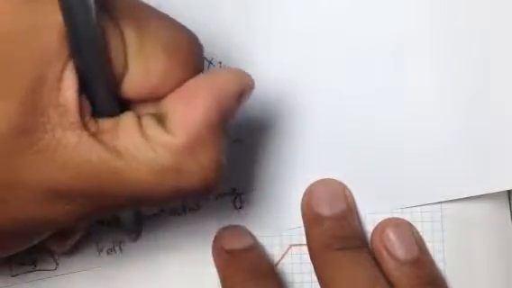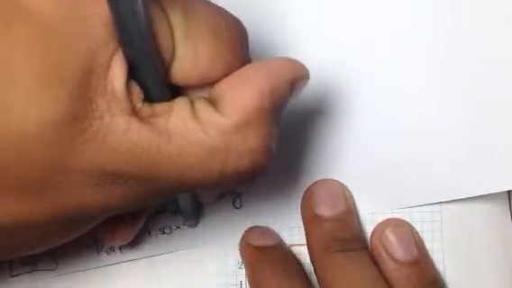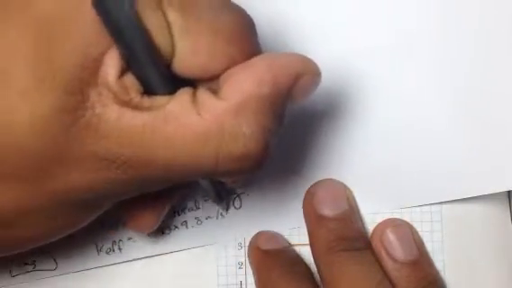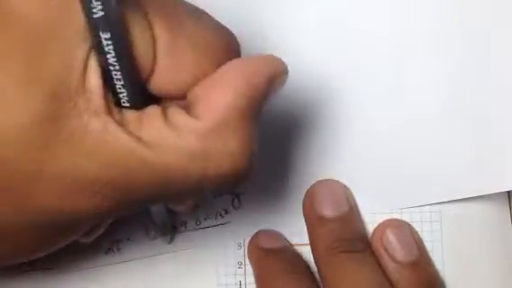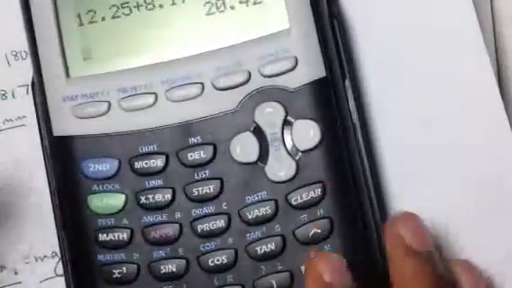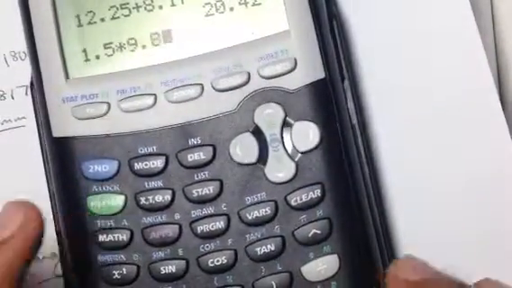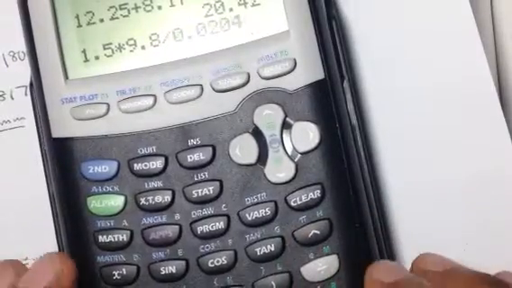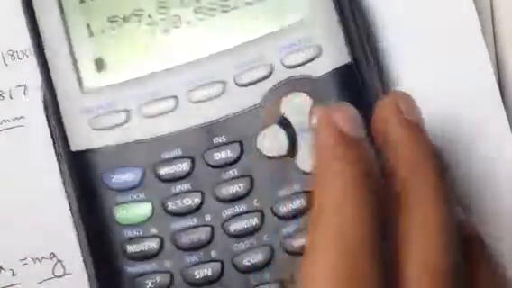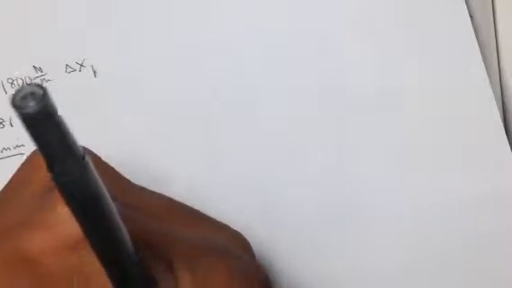So now we plug this into our calculator: 1.5 times 9.8 divided by 0.0204. We get 720. So 720 newtons per meter. That is our K effective.